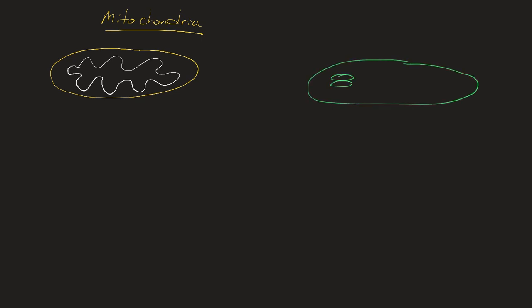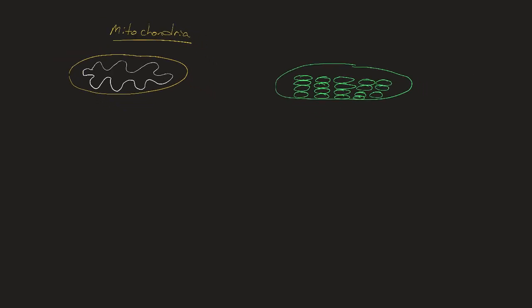And chloroplasts look like so. Two membranes. These membranes, though, are arranged in these stacks. These stacks are called thylakoids.